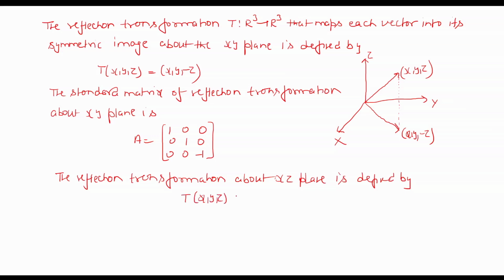So in the xy plane, there is no change in the x, y components. Similarly here in xz, there is no change in the x, z components, and y will be changed from y to minus y. Okay, and therefore what is the standard matrix in this case? So the standard matrix is 1 0 0, 0 minus 1 0, 0 0 1. Okay, and similarly you can write the reflection transformation about yz plane.